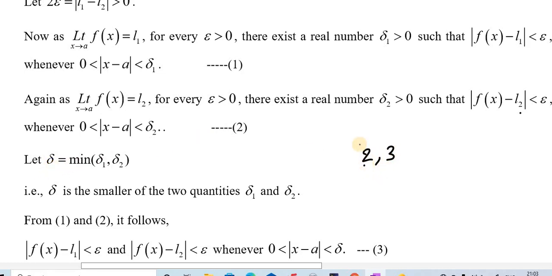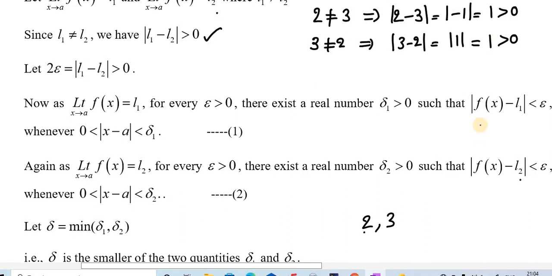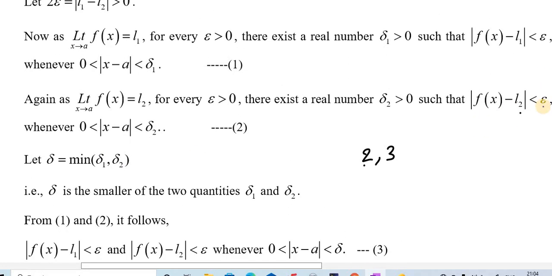Delta is 2 only. Then equation 1 and equation 2 can be rewritten by replacing delta 1 and delta 2 by delta only. So observe, in equation 1, modulus of f of x minus L1 is less than epsilon as it is, and modulus of f of x minus L2 is less than epsilon also as it is, but here we replace delta 1 and delta 2 by delta.